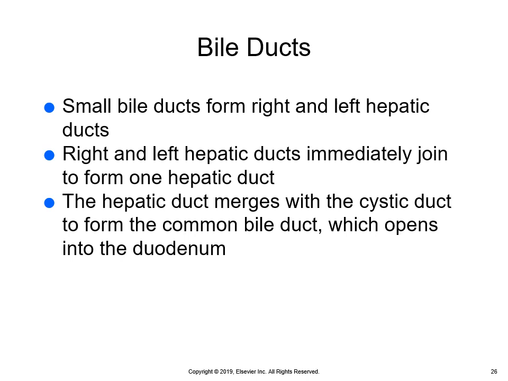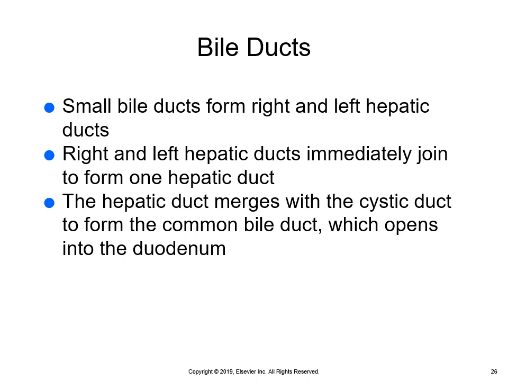So in terms of structure and also the flow of bile, we have the hepatic ducts. In terms of the formation of those hepatic ducts, we first have the small bile ducts in the liver, and they merge to form the right hepatic duct, which drains the right lobe, and also the left hepatic duct, which drains the left lobe.